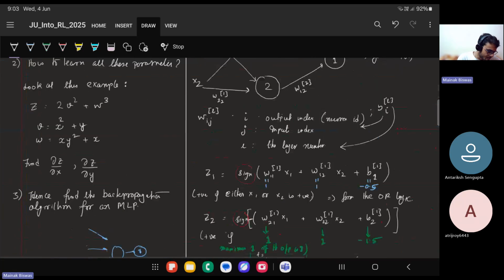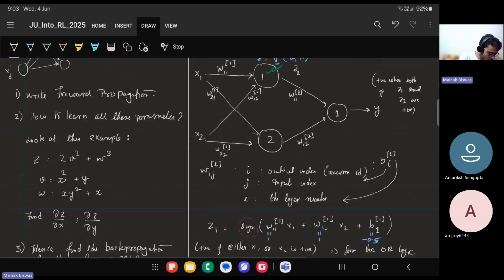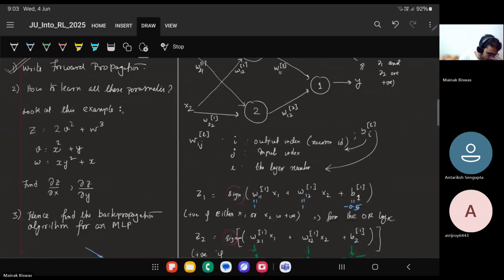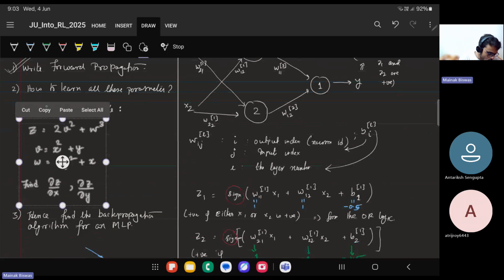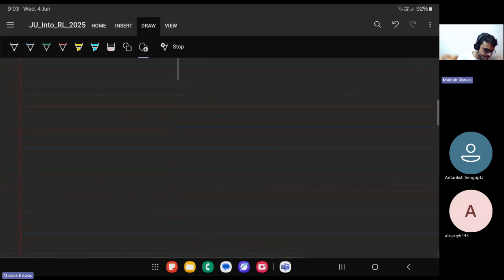And we'll take this example. So we have defined forward propagation, and we'll try to use this algorithm on this. I'll show you how it is done using DAGs, or directed acyclic graphs.